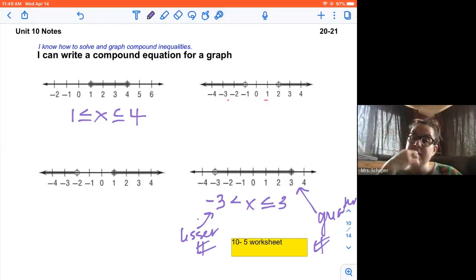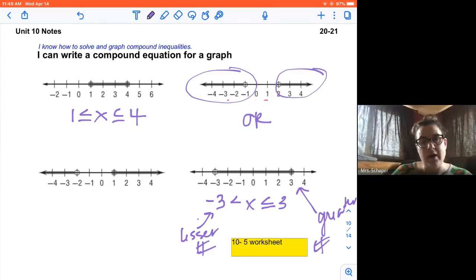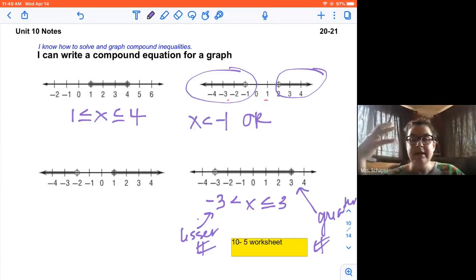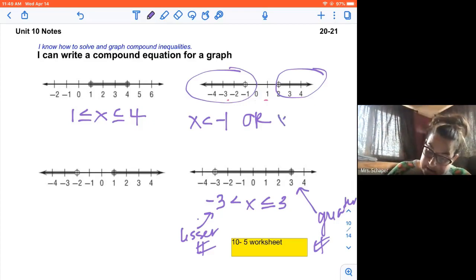Let's go with the or statements. So with the or statements, we write the inequality for this one, then we write or, and then we write the inequality for this one. So on the left side, x is less than -1. It's less than because it's an open circle, or x is greater than 2. All right.